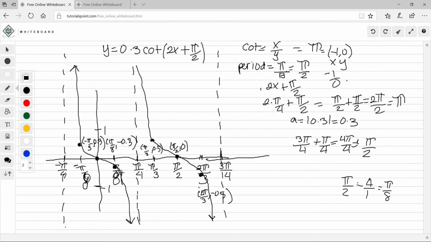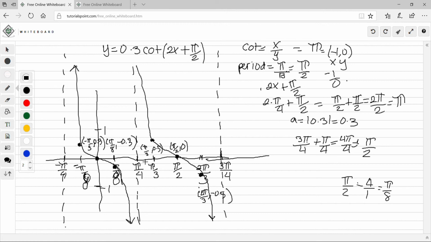So yeah, that's how you graph the cotangent. Let me quickly review it. To find the period, it's pi over b, which in our case is pi halves. Where we got our vertical asymptote is wherever there's a pi fourth, because when you plug in pi fourth into the x, you get pi, which makes it undefined.